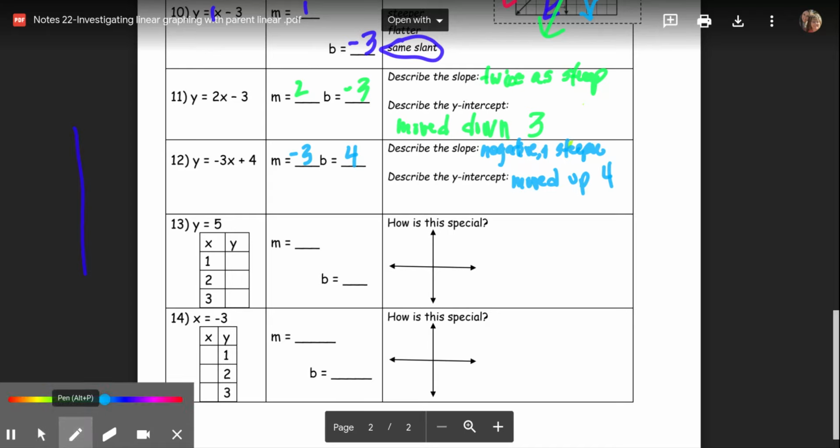So, on number 13, it says y is equal to 5. So that means what we would do is we would put a 5 here. And the slope, so it might be a little more helpful for us to graph this. Just sketch it on here.